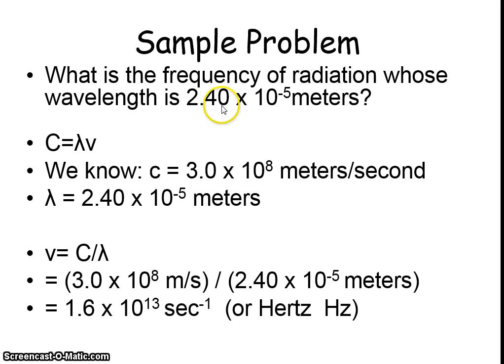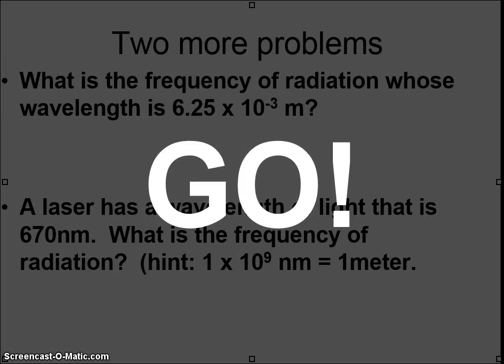The only thing that counts is going to be our measurements, and this was our measurement. So since this has 3 significant digits, technically our answer should have 3. So this is actually not perfect as far as the answer goes. It really should be 1.6 something, whatever that third number was, which got deleted. So just to point that out.